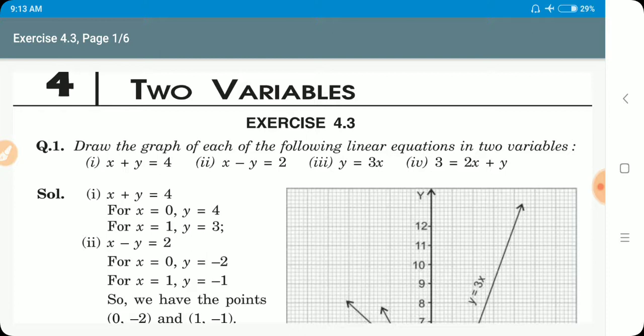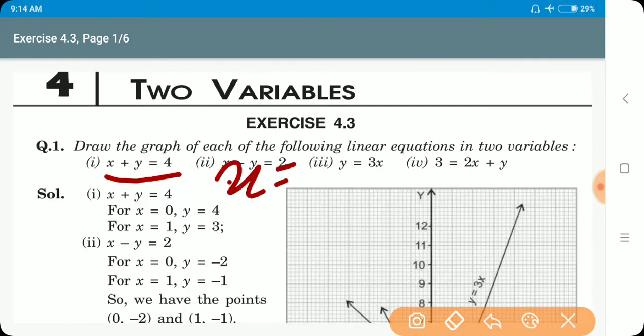First of all, student, just think about the first linear equation in two variables which has been given to you. If x plus y is equal to 4, then x is equal to 4 minus y.